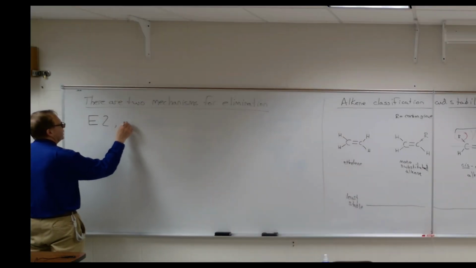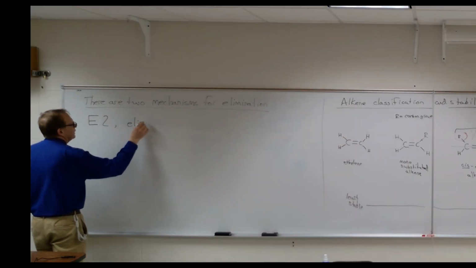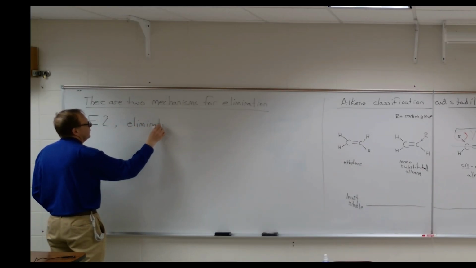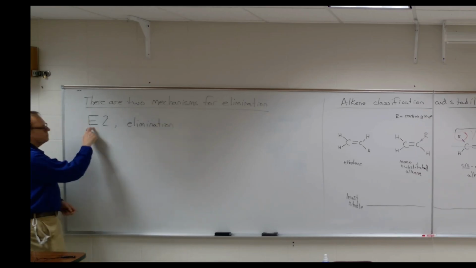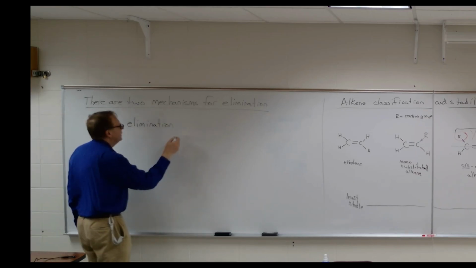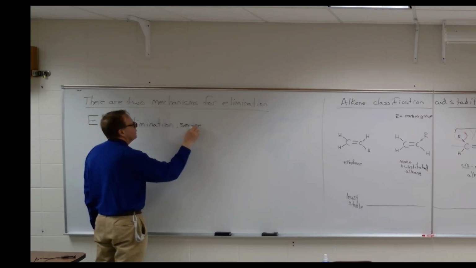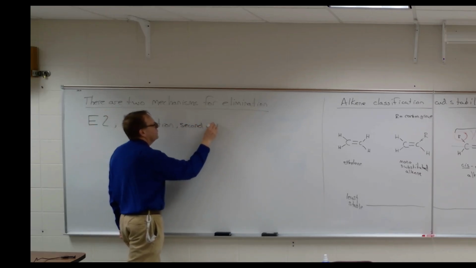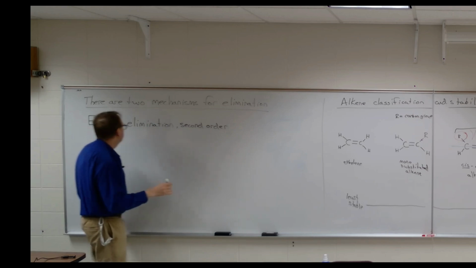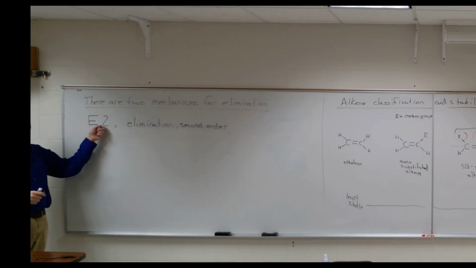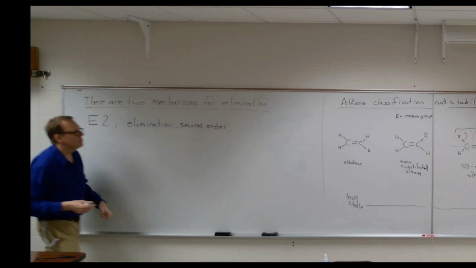This stands for elimination. That's the big capital E is for that. Second order, or bimolecular. That means that two species come together in the rate determining step. We'll talk about that when we talk about that specific mechanism.